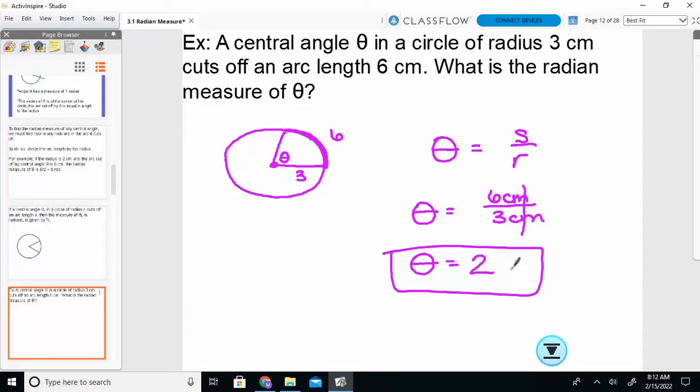All right. So we need to be able to go back and forth between these two measurements. If we're going to have two different ways of measuring an angle, we need to be able to convert between them, right? So let's think about how we could do that.